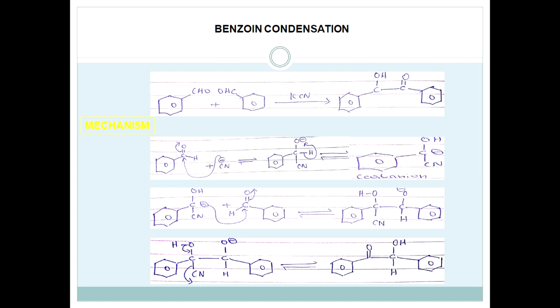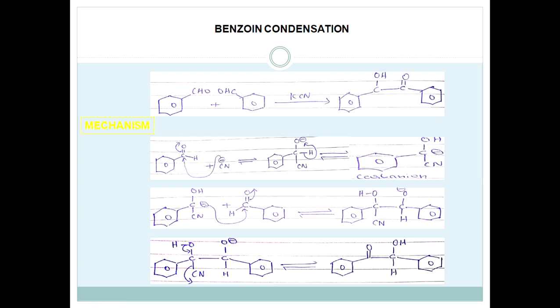So this cyanide group, with its electron withdrawing nature, makes the aldehydic hydrogen more acidic, and the hydrogen then shifts from carbon to oxygen, and a carbanion is formed. How is the carbanion formed?